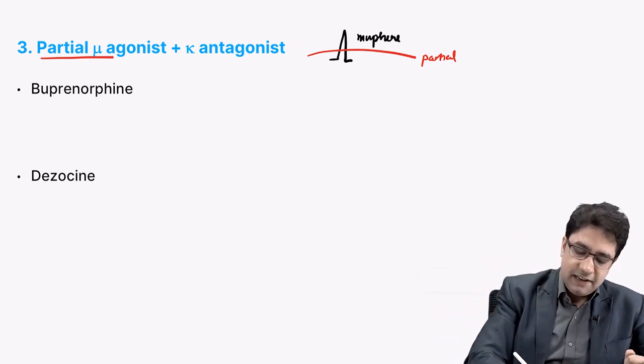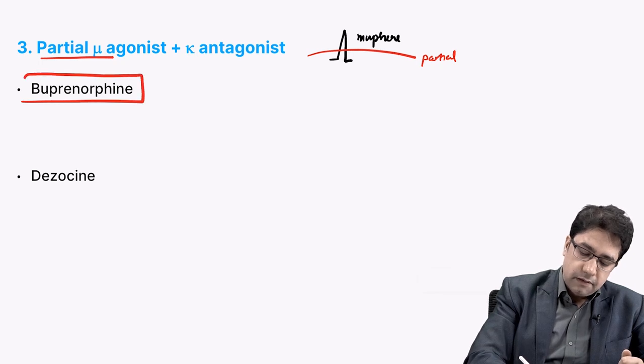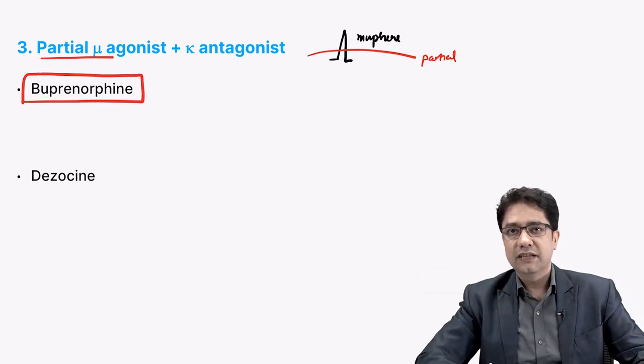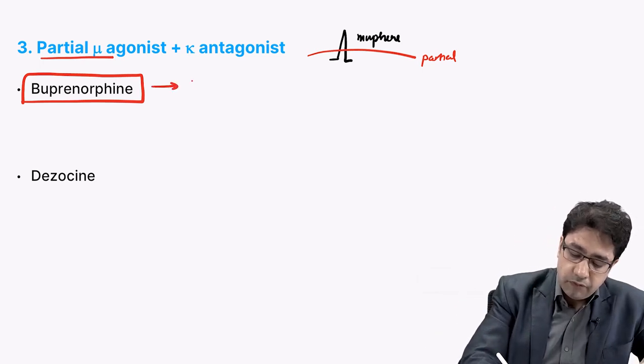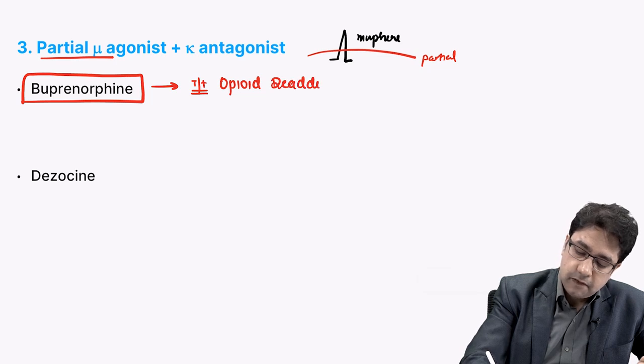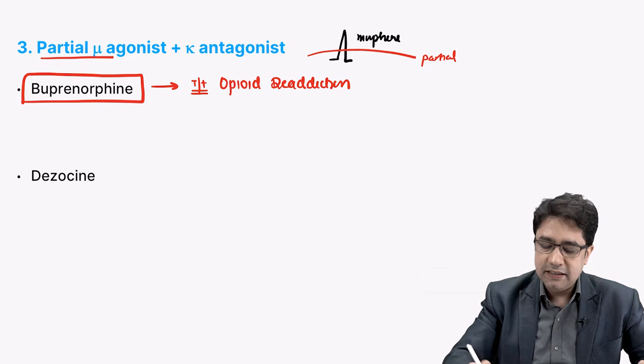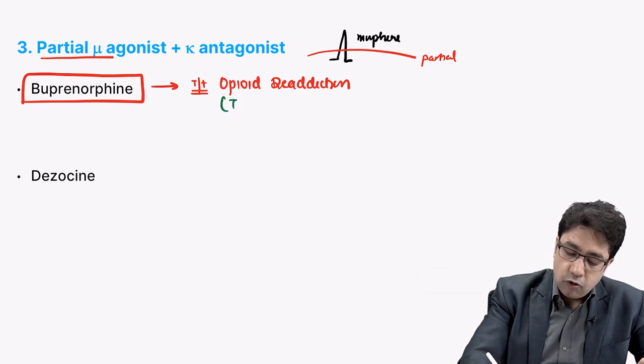That is why buprenorphine, because it has less response as compared to morphine, has been approved for the treatment of opioid de-addiction, just like methadone we discussed, to prevent opioid withdrawal.